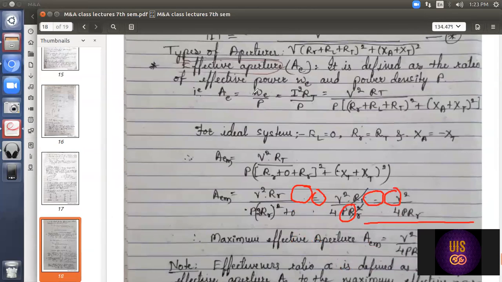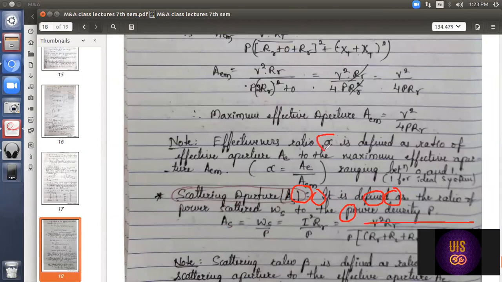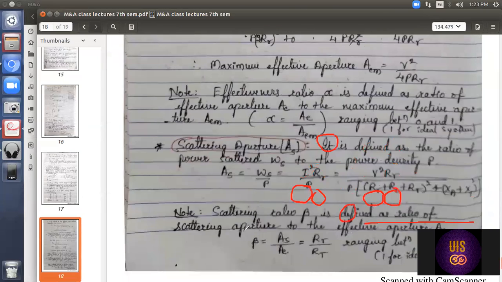Just like the earlier case, alpha, effectiveness ratio, we have scattering ratio also, scattering ratio beta. It is defined as the ratio of scattering aperture to the effective aperture.